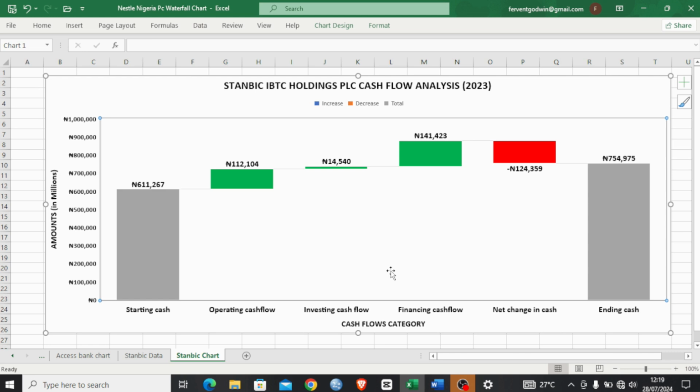Whether it's a service delivering company or a production company, what were their operations like? That is what this operating cash flow is indicating, and it's showing a value of 112.1 billion. Let me zoom in so that you can get a closer look.